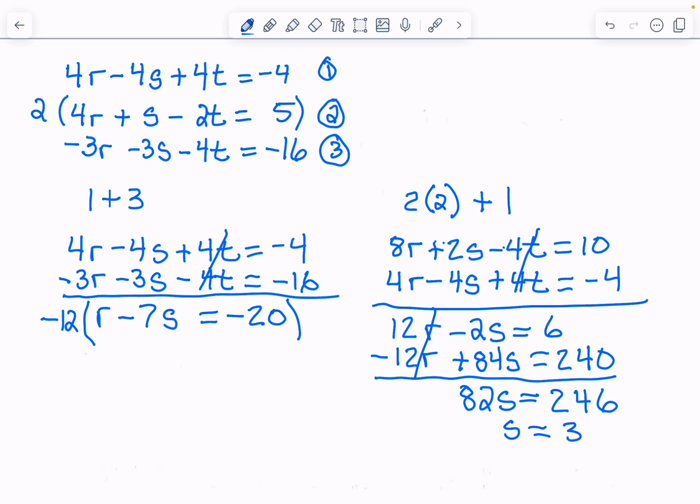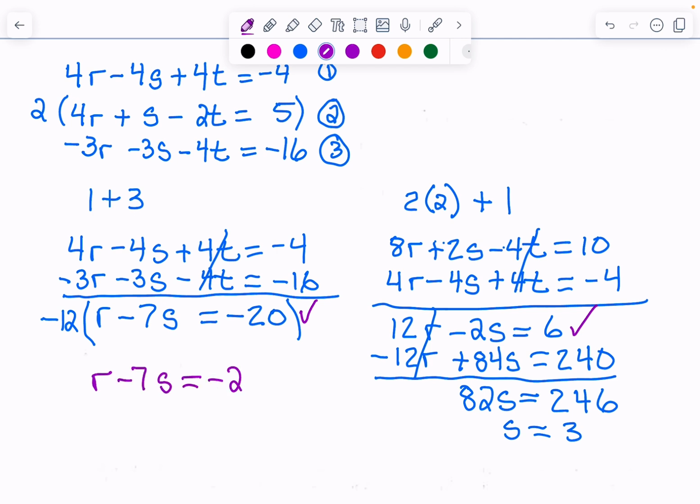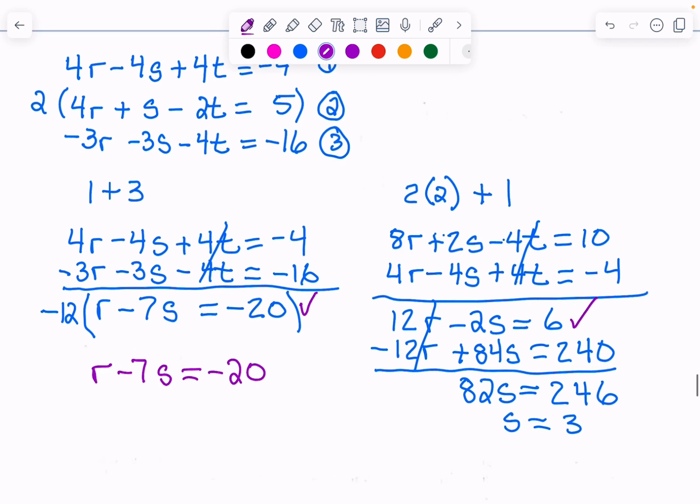Okay, now we can use either this equation. Let me make a different color. We could either use this equation or this equation to plug in. So I'm going to take r minus 7s is equal to -20. And I'm going to plug in 3 for s now.